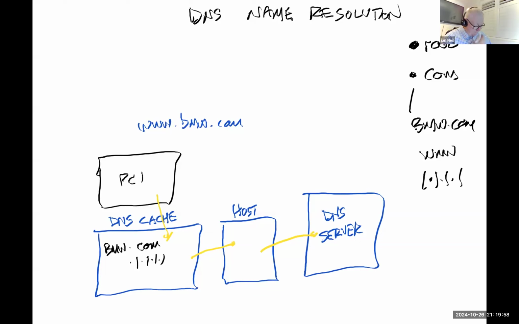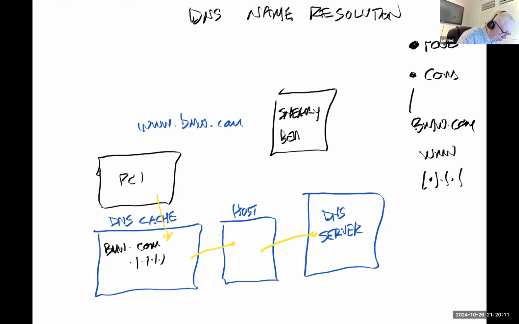Now, what is the host file? If I've got a server over here and his name is Sneaky Beaky, and I only want 2 people to go to Sneaky Beaky, I will put an entry in their host file. It's like a filter.